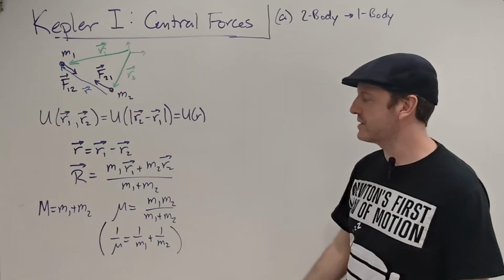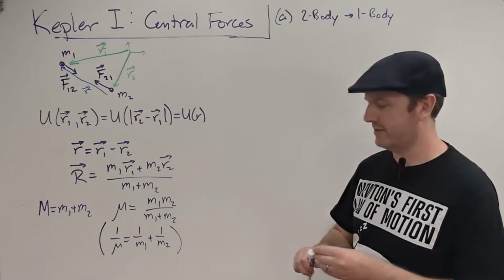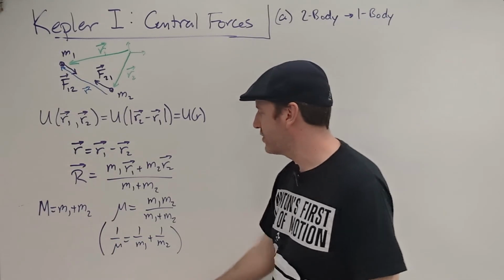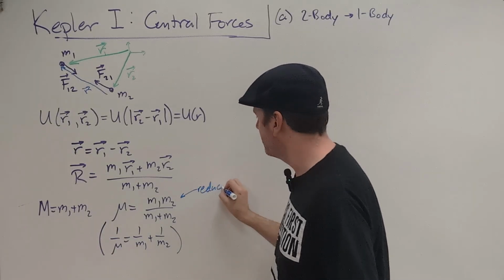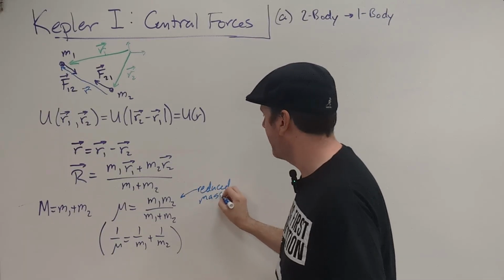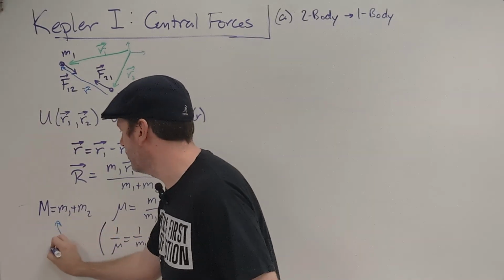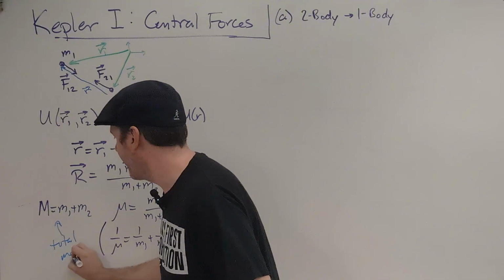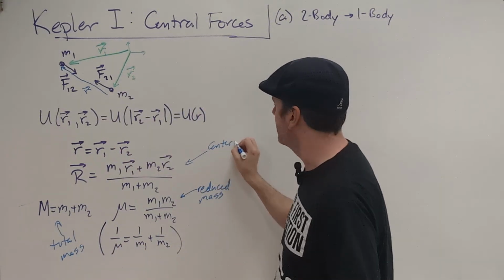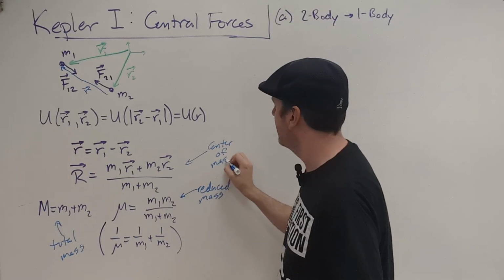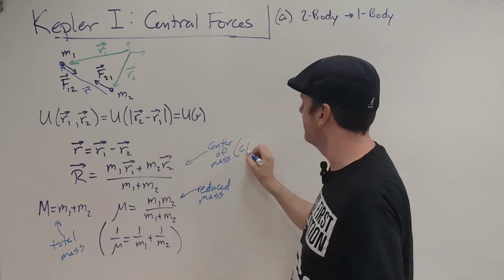And this is called the reduced mass. So if you want some terminology here, we could say that this thing is the reduced mass. This thing is the total mass. And this thing is the center of mass. Sometimes that's called the CM.